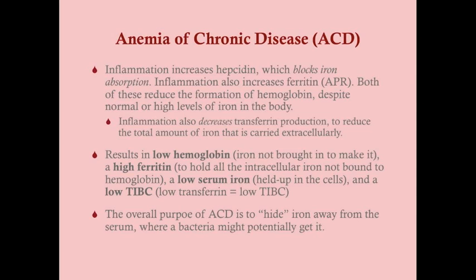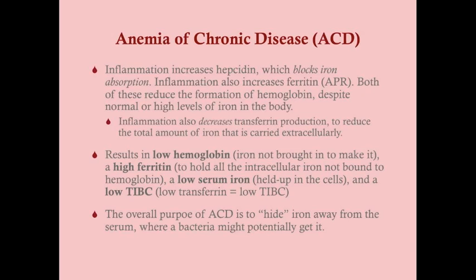Inflammation will also decrease transferrin production, and that's done to reduce the amount of iron that's carried extracellularly in the serum, so that you're not feeding iron to some of the things that may be causing inflammation. Most of the time when you have inflammation, you don't have any of those bacteria around. You may have an autoimmune disease, but your body's programmed to think, oh, I've got E. coli, I'm inflamed, I better not feed E. coli iron, and so it does this.